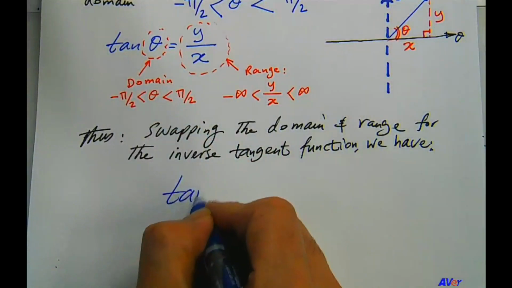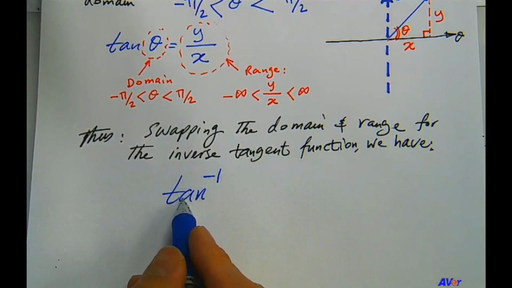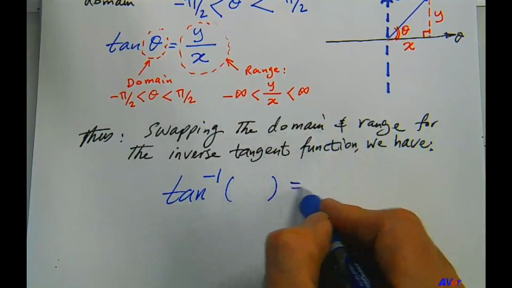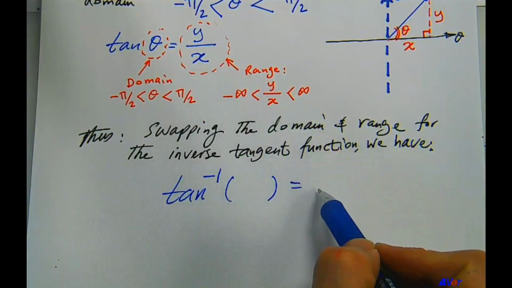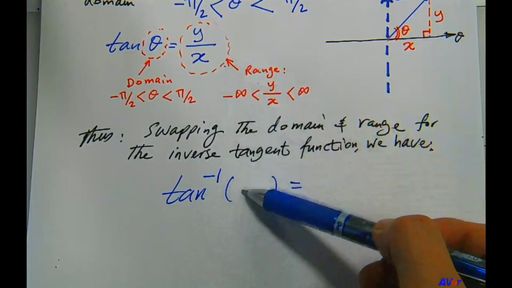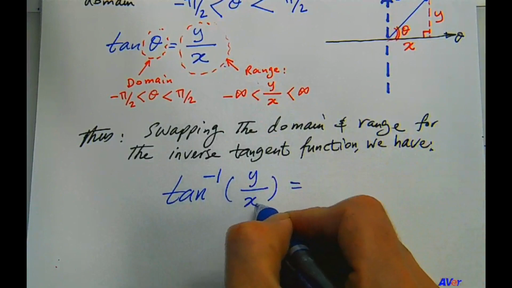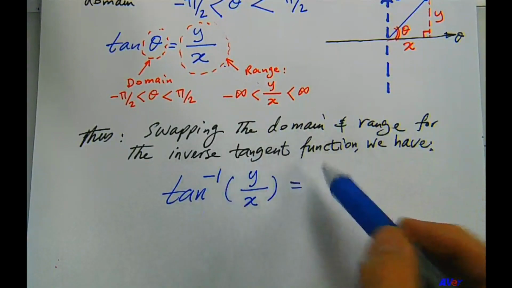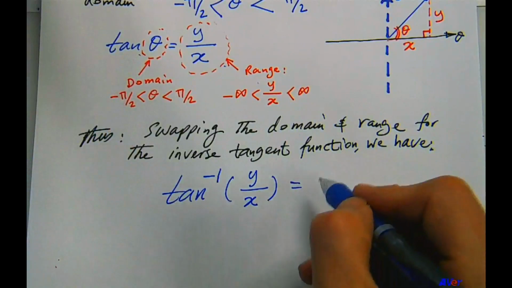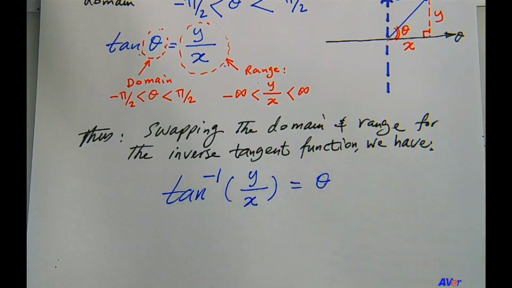What happens is inverse tangent. Now, what do you think I'm going to write here? And what do you think I'm going to write on this side? So range is going to be the domain. So y over x, and the range is going to be the old domain here. So this is going to be theta.